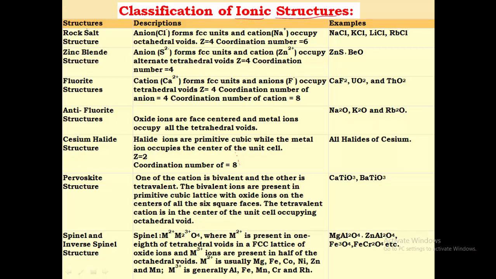Some of the important ones are: rock salt structure, where the anion forms FCC units and cations occupy octahedral voids. Z is equal to 4, that is the number of atoms is 4, and the coordination number is 6. Remember these things carefully because these can be asked in examination. Among these structures at least one question may come.